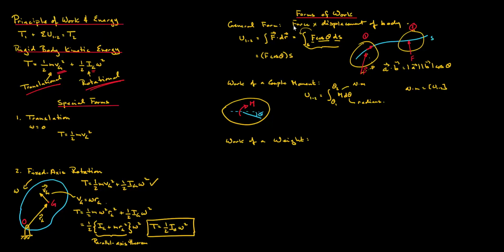This is the same thing with the general form of work. The work is positive when the applied force is in the same direction as the displacement. If the net displacement of the body is in the opposite direction of the force component along the path S, then the work done by that particular force will be negative.